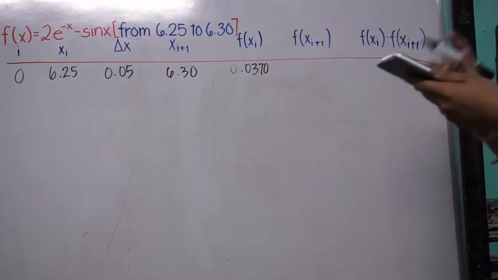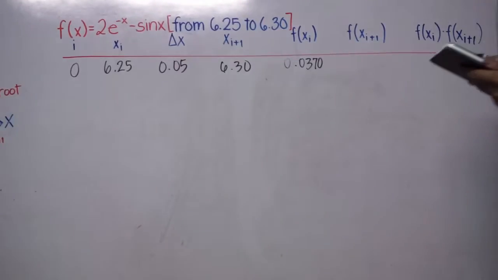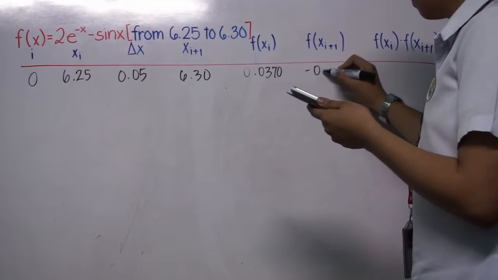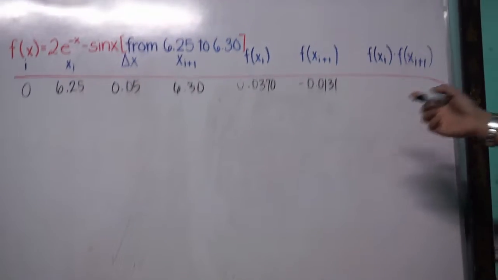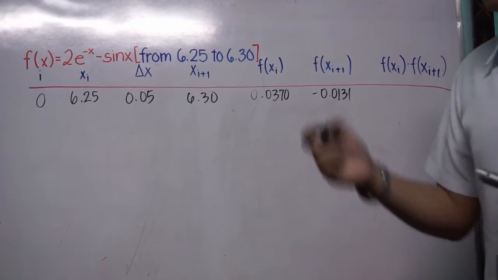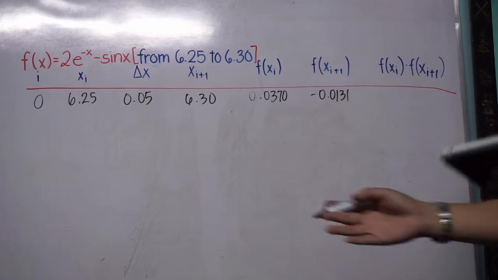0.0370. And then, substituting the value of x_i+1 into the function, we find that f of x_i+1 is equal to negative 0.0131. Then we find the product of these two function values to see if the root of the given function is within that interval.